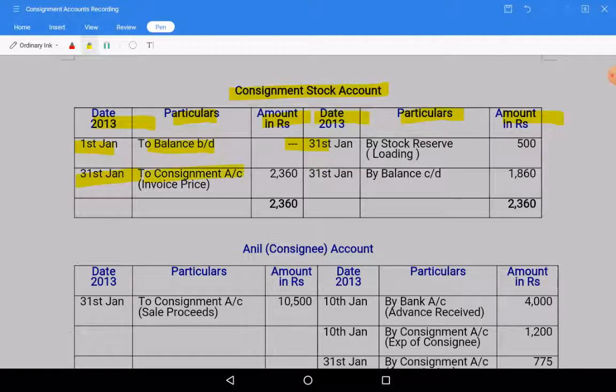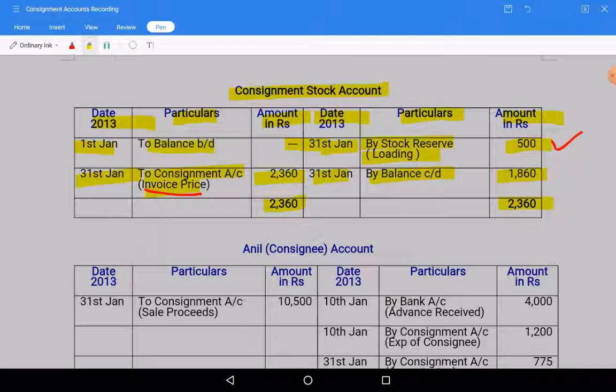So to consignment account 2,360 rupees, and whenever there is any amount with invoice price, the related loading will appear on the credit side. So by stock reserve on 31st January 500 rupees. So the balance, credit over debit side, is 2,360 minus 500, balance carried down 1,860, and the total on both sides is 2,360.